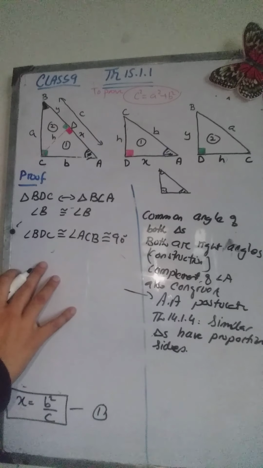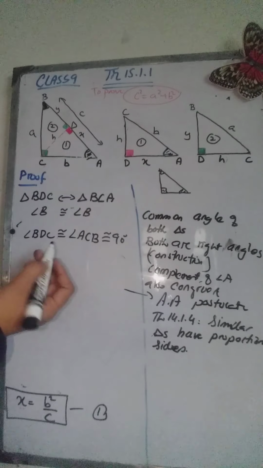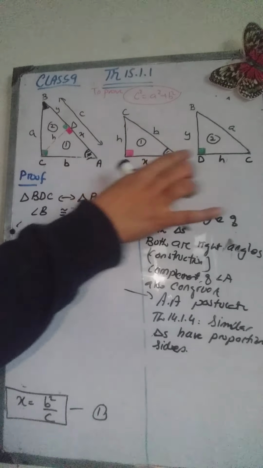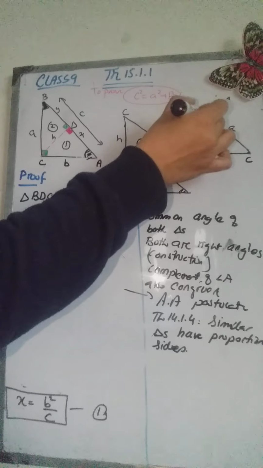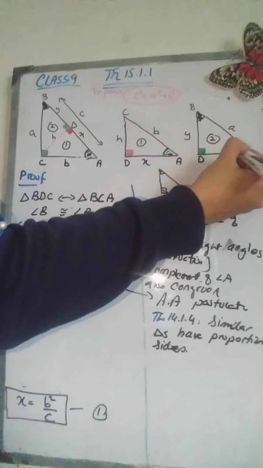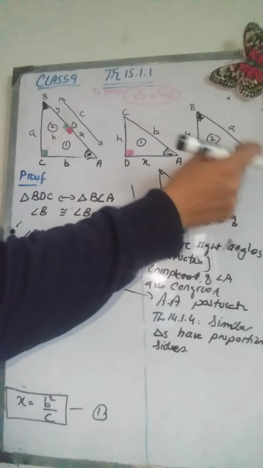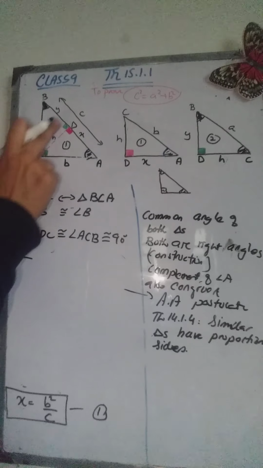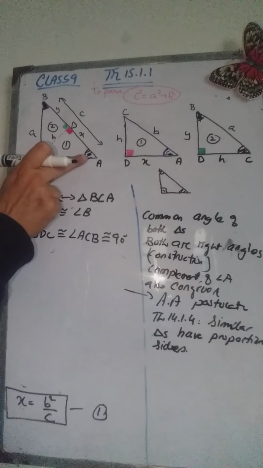I am following the same steps for these two triangles. So the third angle, which is angle A in this triangle, angle B is congruent to angle B. Angle C of this triangle is congruent to angle D. So the third one, the complement will be here. Angle BCD will be congruent to this one, BCD. This angle will be congruent to angle A of this triangle.